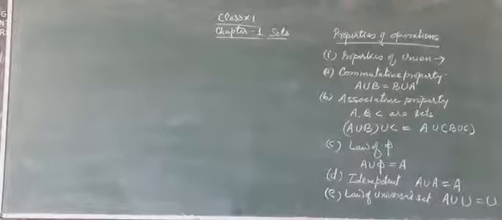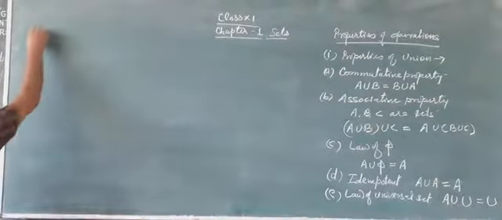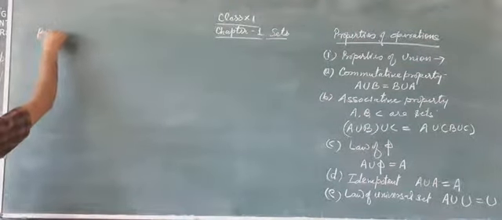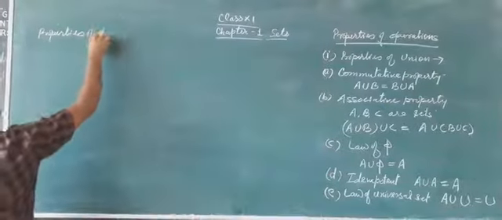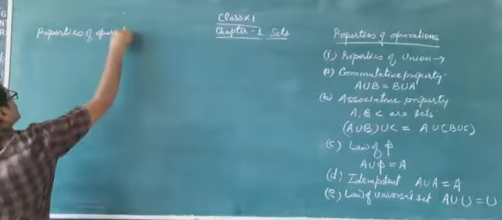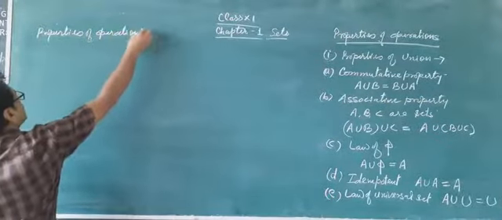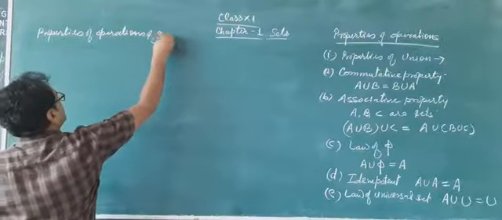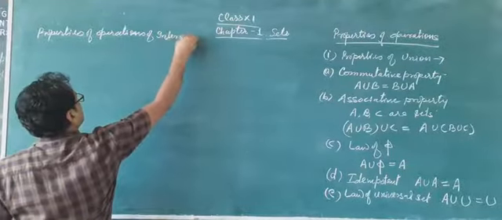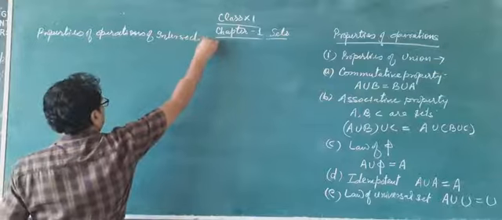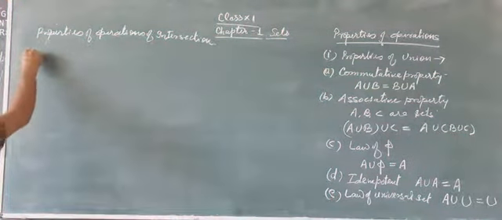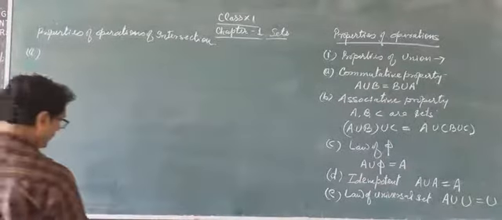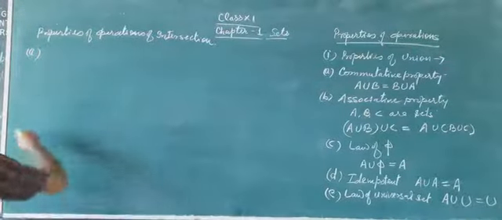The next one, properties of operations of intersection. So the first one is the commutative property.